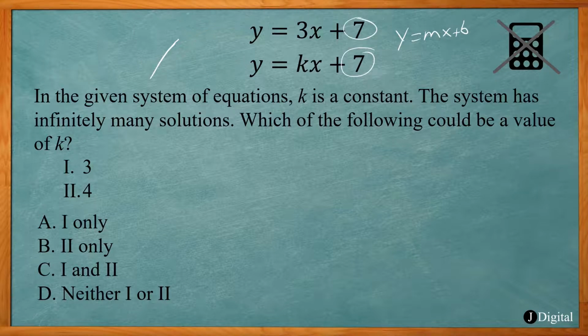So look at our slopes: we've got 3x and kx, so the slope in the first one is 3. This k needs to match that slope so they'll be the same line. So our only correct answer is 3, and 4 would not work because that would give you two different slopes. If we have two different slopes, then I have only one solution. So in this problem, our answer is A, 1 only.